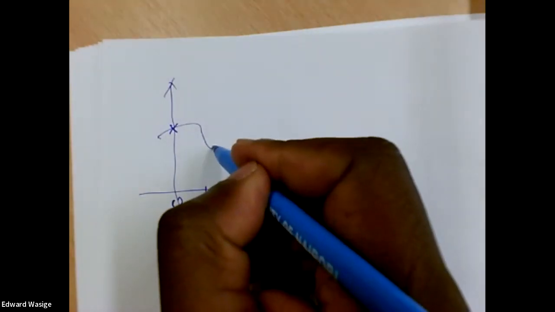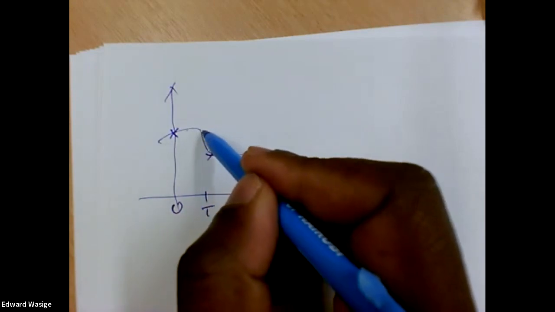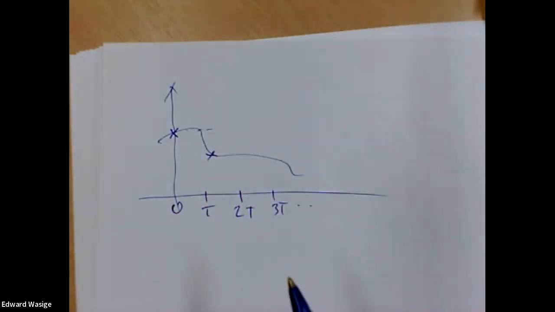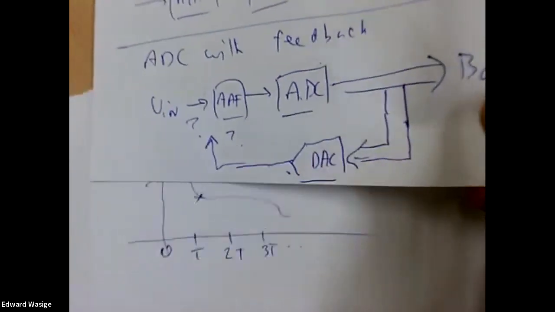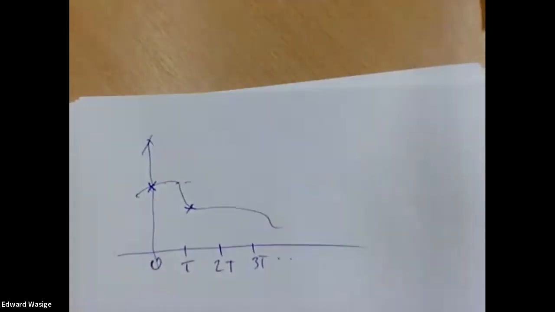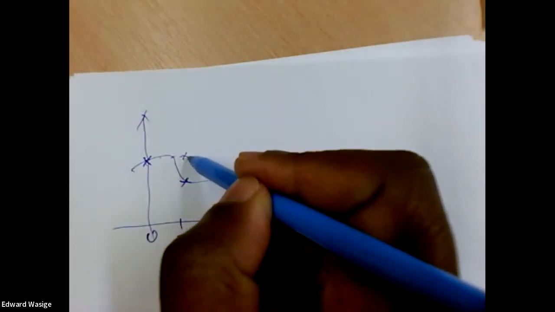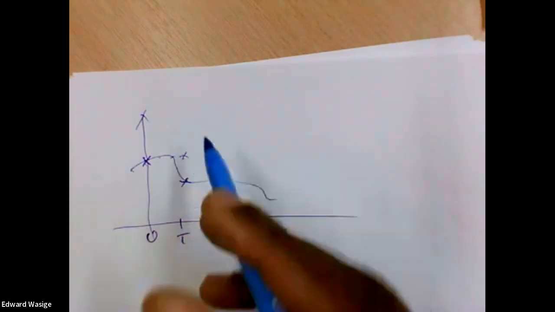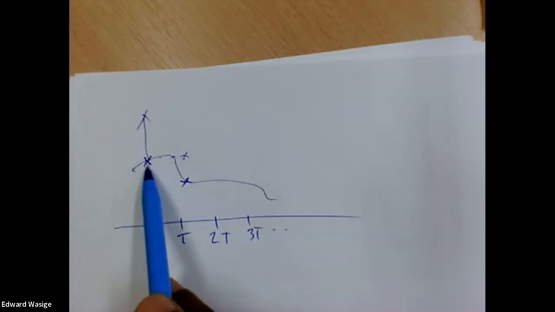For the second sample, we take the amplitude of the signal, but we feed back the first sample. The amplitude of the second sample in this particular sketch is lower than the first sample, but what is fed back is the previous sample.